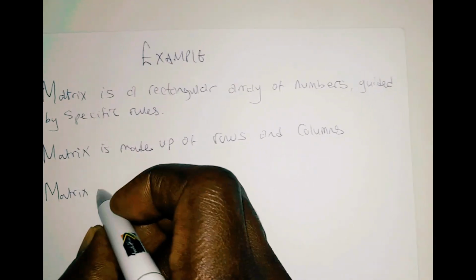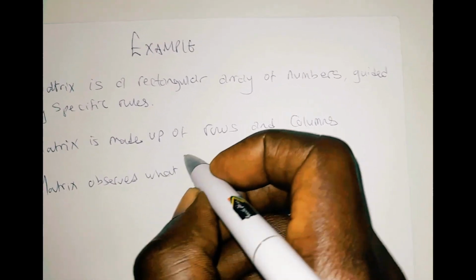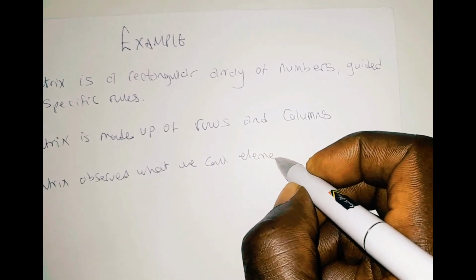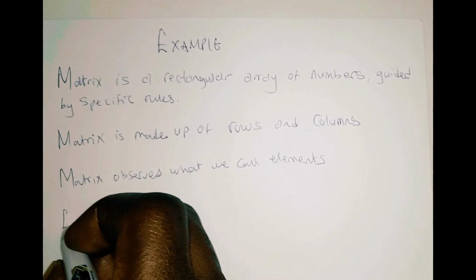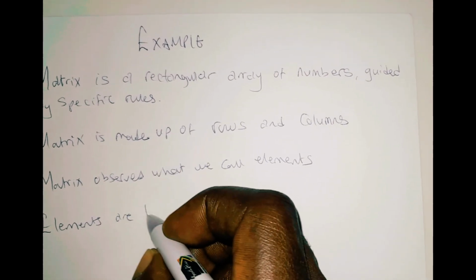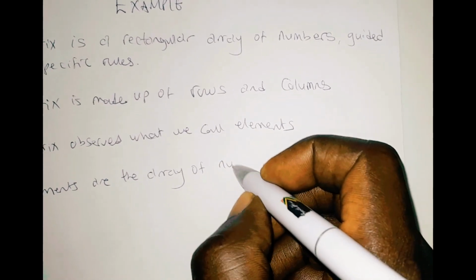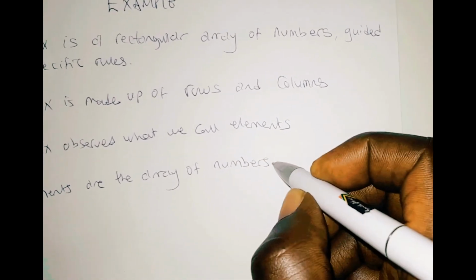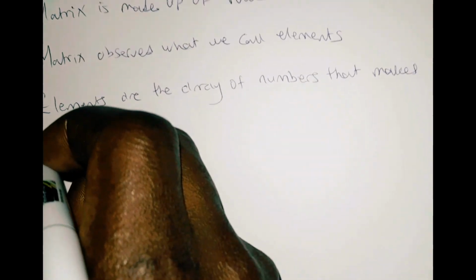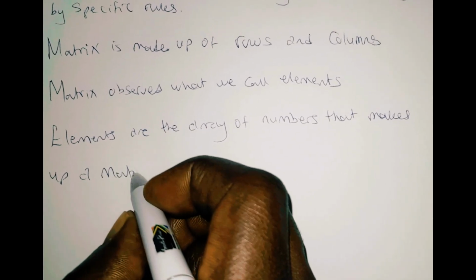A matrix observes what we call elements. Elements are the array of numbers that makes up a matrix.